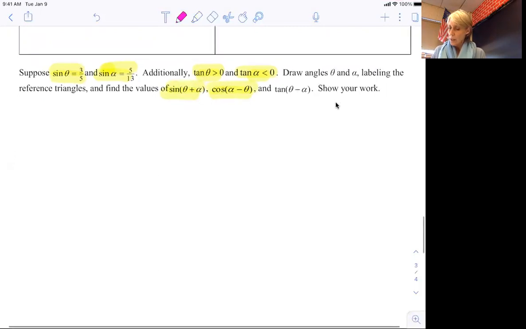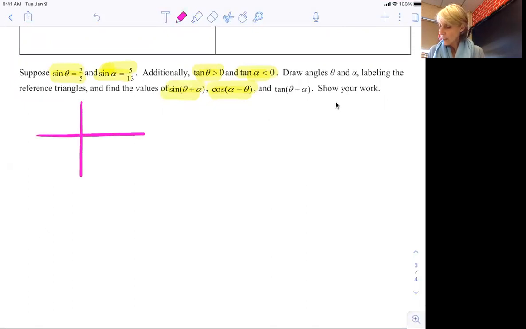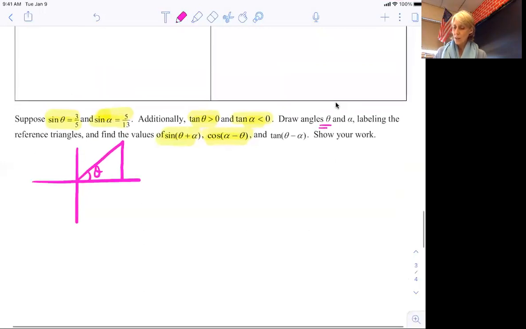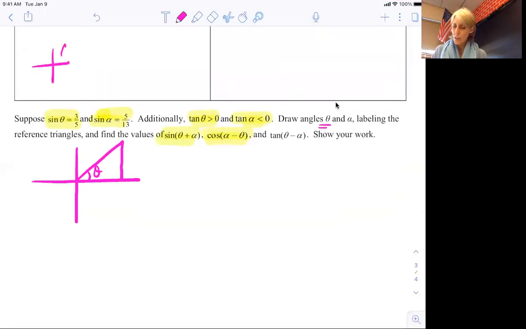Sine of alpha, so I need to set up my triangle for each. So if I'm setting up the reference angle, if I want to draw this angle, the sine is positive and the tangent is positive. So theta is going to be a first quadrant angle. Remember, all students take calculus. This is how we're going to narrow down our quadrant.